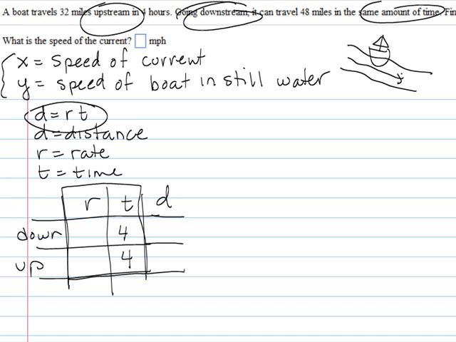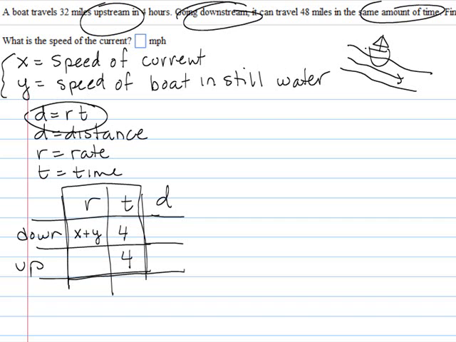So if it's going downstream, it's going to be whatever the speed of the boat goes, plus the help of the current. In all other problems you put a plain x here. I'm going to say it one more time. Just the current problems and the airspeed, when they have the speed of something in still air or still water, you do it this way.